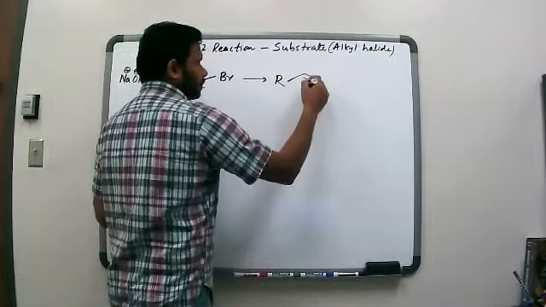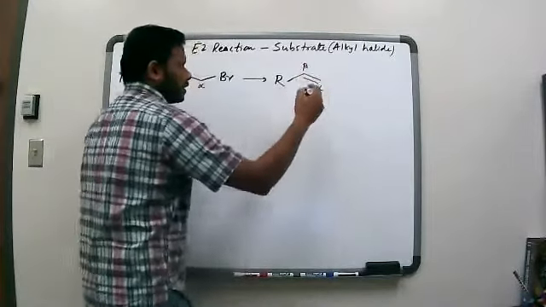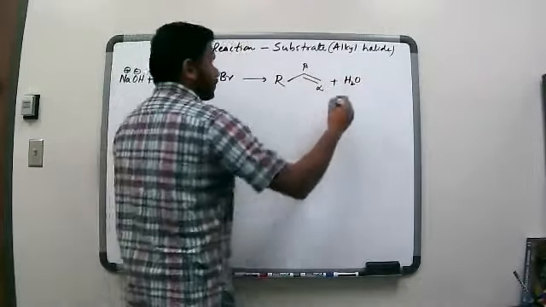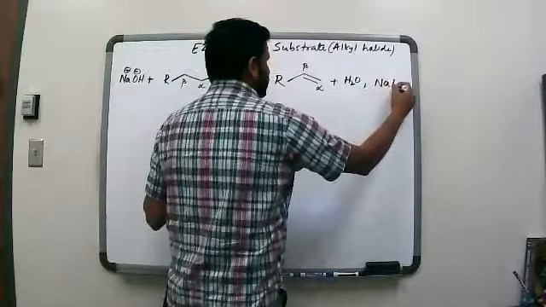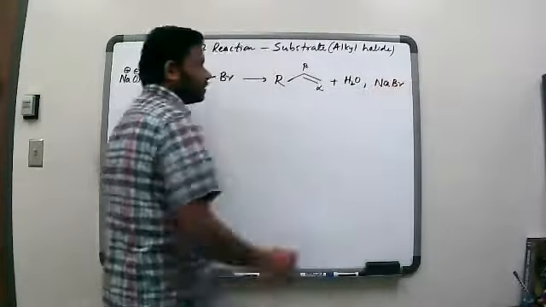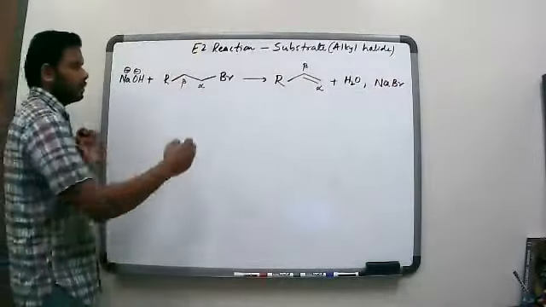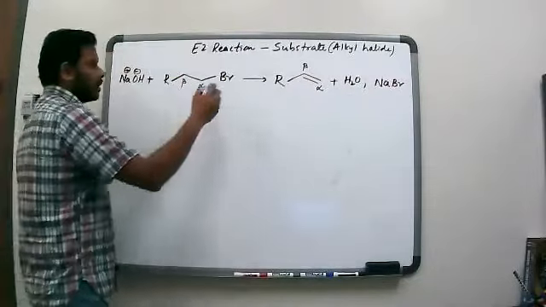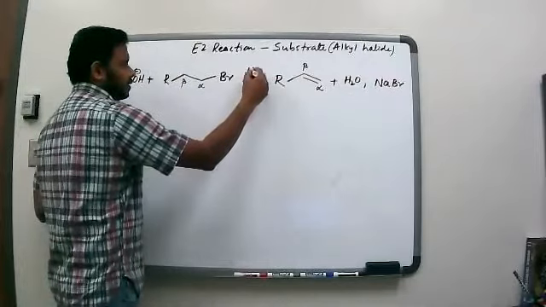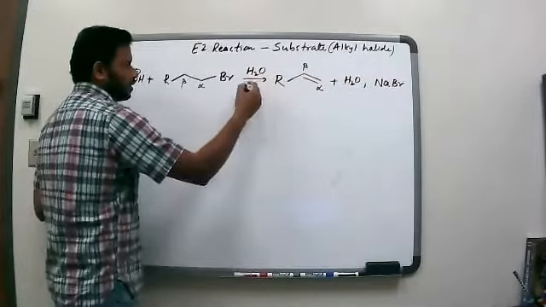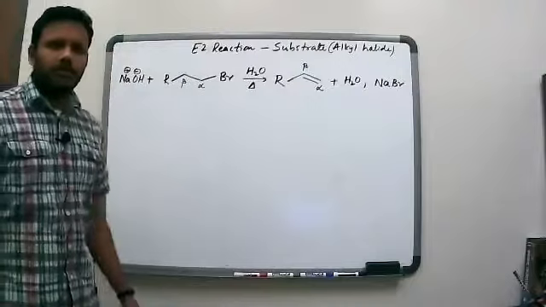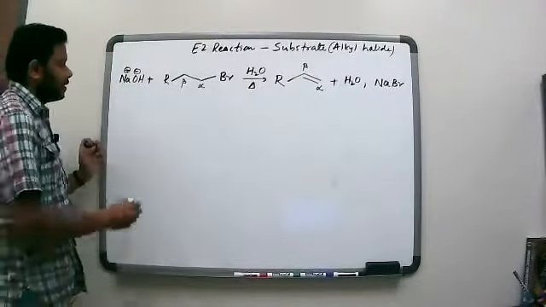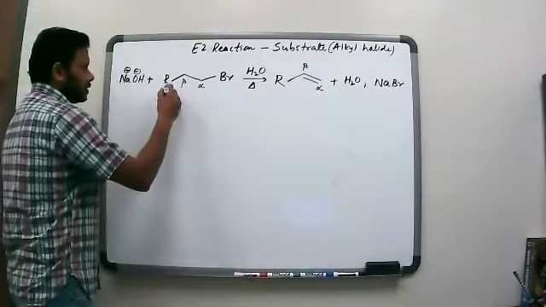So this is the alpha carbon, this is the beta carbon, plus we're going to get water, and we'll have sodium bromide in this case. Realize that our solvent in this particular case is usually the conjugate acid of the base, so water is fine, and E2 reactions are made favorable with heat. Okay, so if that's the reaction, then we are going to focus on our substrate.